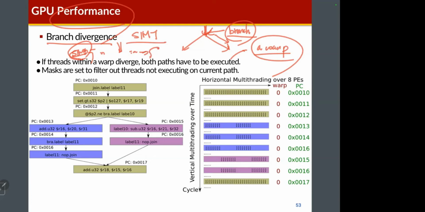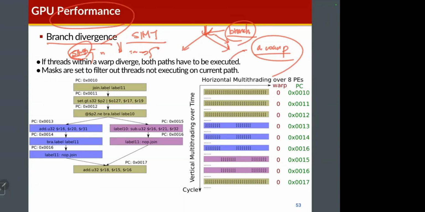So if GPU applications work like a SIMD, then we can increase the efficiency of the GPU.